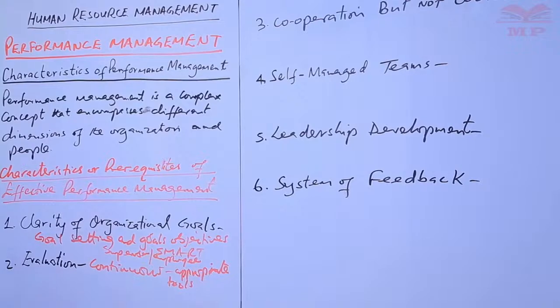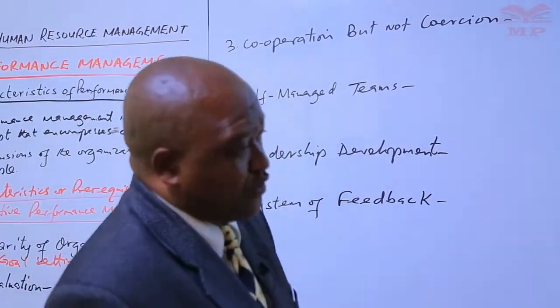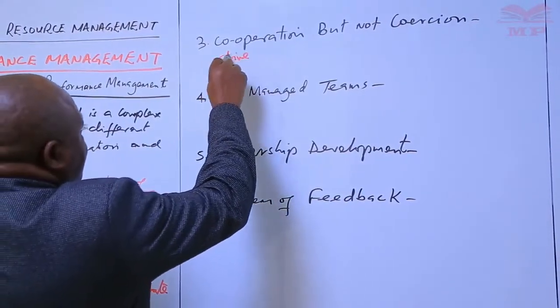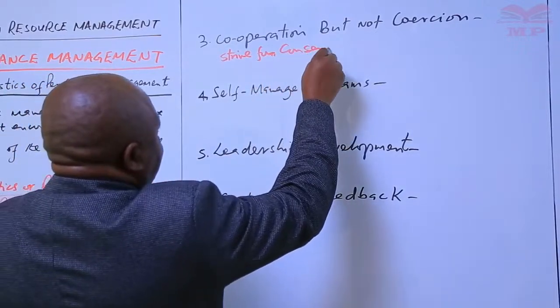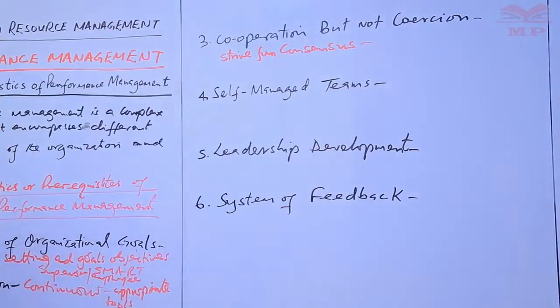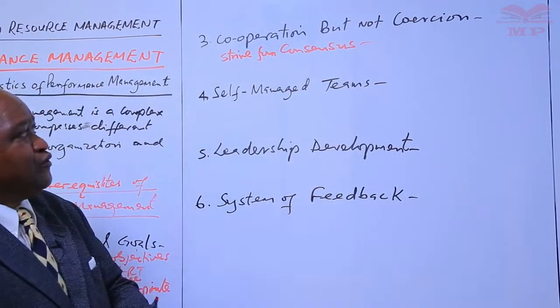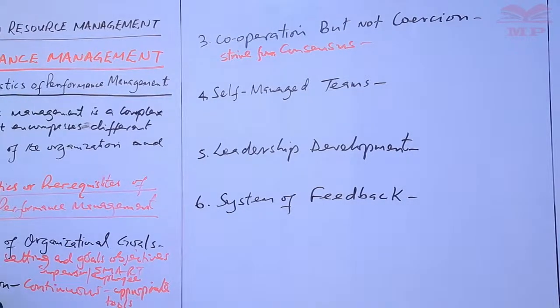Then when it comes to cooperation but not coercion, organizations that are progressive normally strive for consensus. Here you may not agree on everything, but you may want to convince workers, managers and supervisors in a work environment that even if there is a conflicting view, we agree by consensus to take a particular action.